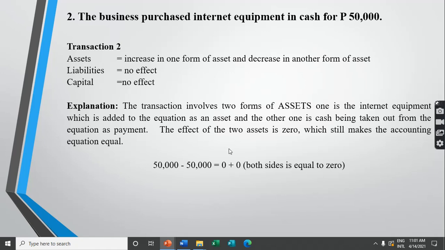So, walang nabawasan, which is still makes the accounting equation equal. Okay? Equal pa rin yung accounting equation. Kasi, nagkaroon ka ng internet equipment na worth 50,000 pero nabawasan ka rin ng 50,000 na cash. So walang effect doon sa transaction. Okay?